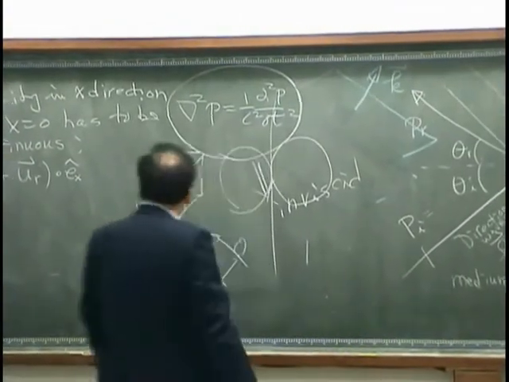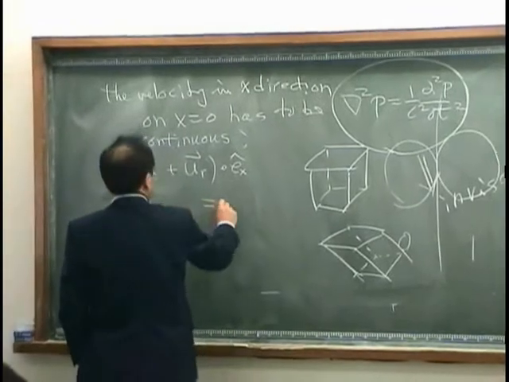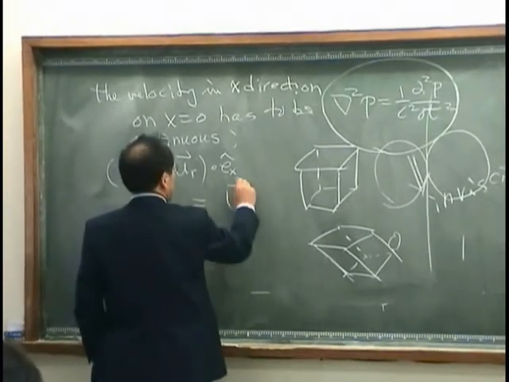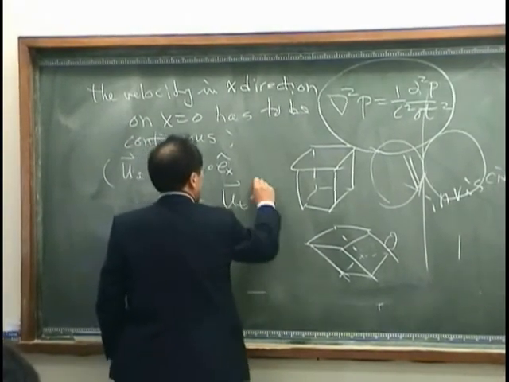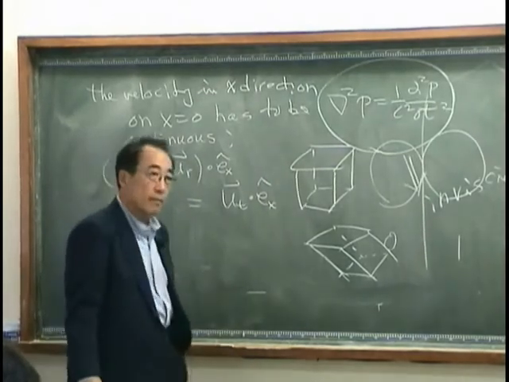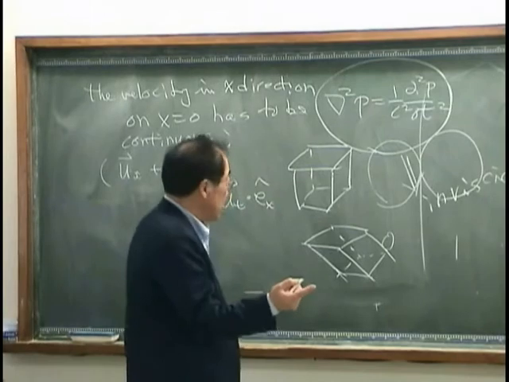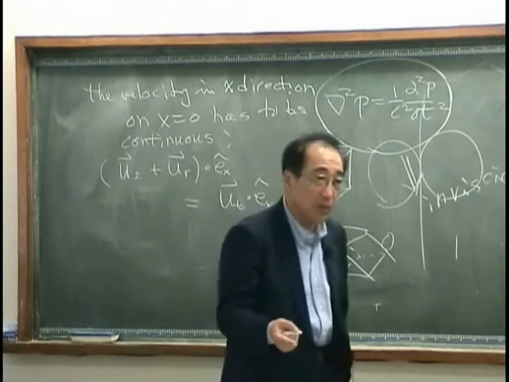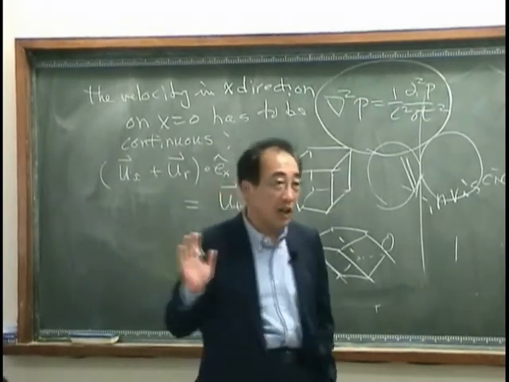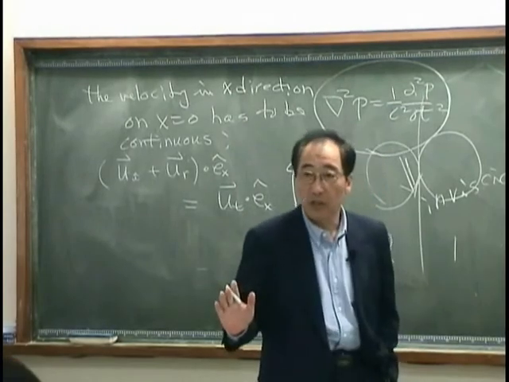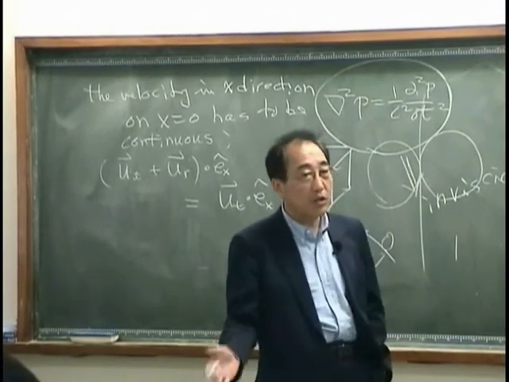Okay, it has to be the same as u_t dot e_x. And the other one is the pressure has to be continuous, meaning that the pressure in the x direction has to be continuous. I don't care about the pressure in the y direction.